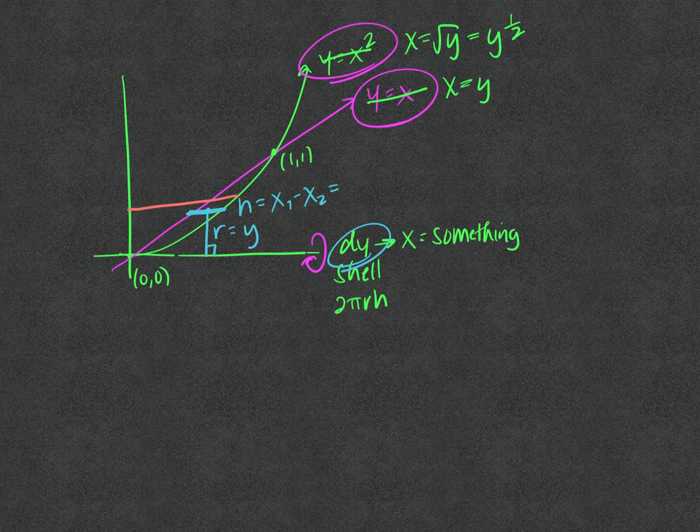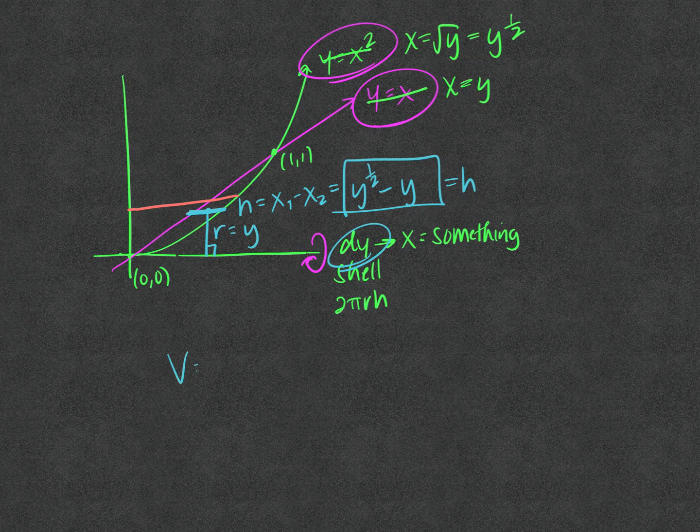Right minus left is the big thing. So the outside function here is the green one. So we're going to say y to the 1/2 minus the inside function, the pink one, y. So because I have two functions, my height actually subtracts the two functions there. My radius stays x or y unless I'm going around an outside line.